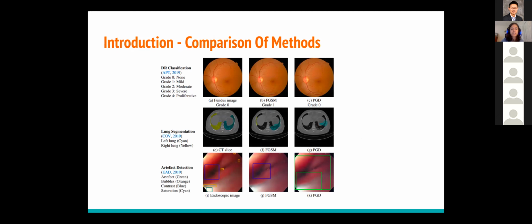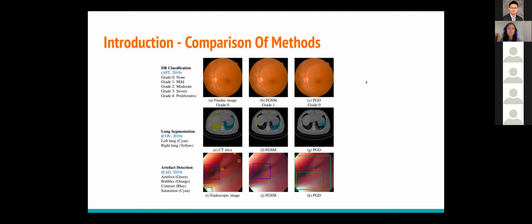Here they're using endoscopic images. And you can see that this is some of the previous work, FGSM. You can see that the grade has been incorrectly identified here. The segmentation of the lungs is poor, but you can still see some of the left and some of the right is still accurately segmented. And here the artifact is still present.